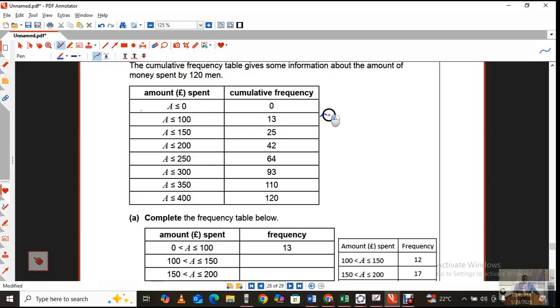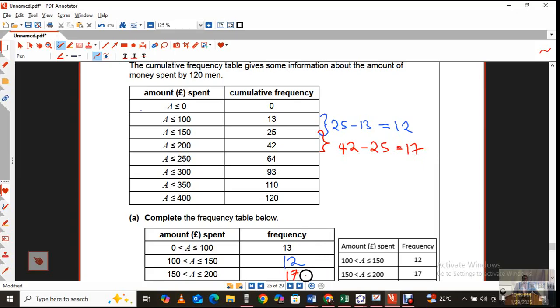You say 25 minus 13. That is where the 12 comes in that you see there. The people who spend between 150 and 200, that will be 42 minus 25. And that 42 minus 25 is where you get the 17.